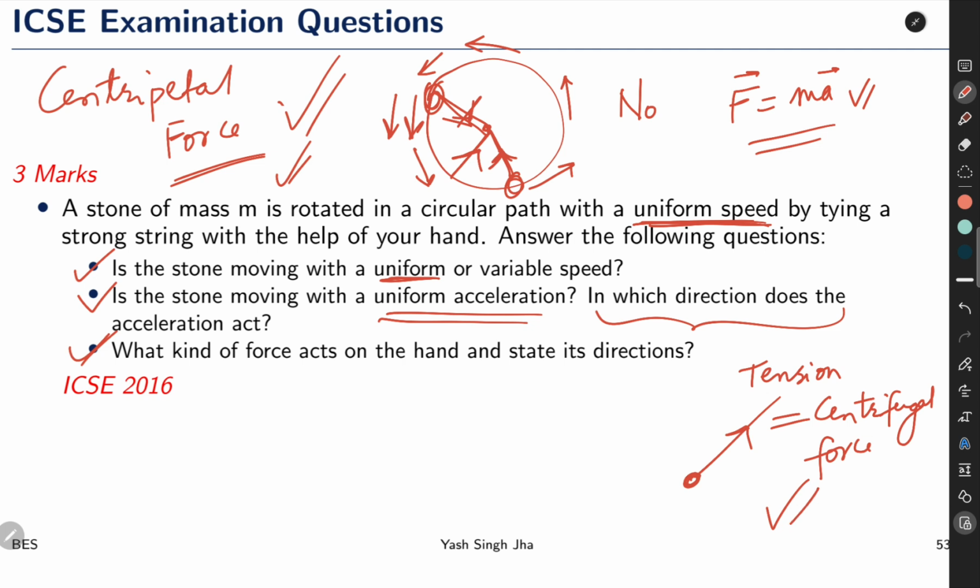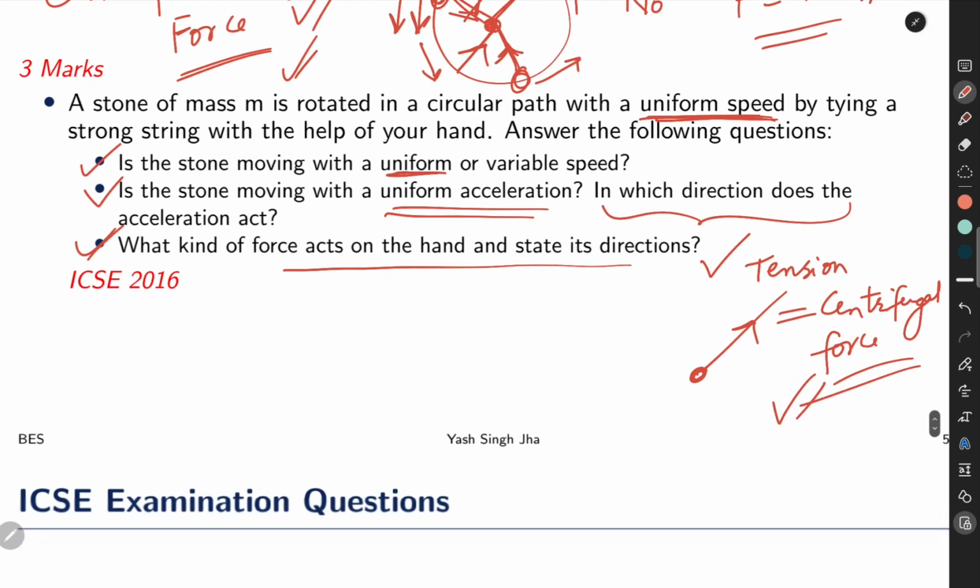Remember, centrifugal force is an unreal, fictitious force, which exists only in a rotating reference frame. Only if you sit on the hand, you can feel the centrifugal force. So what kind of force acts on the hand? It is tension, which is basically the centrifugal force, and it acts radially outwards, away from the center.